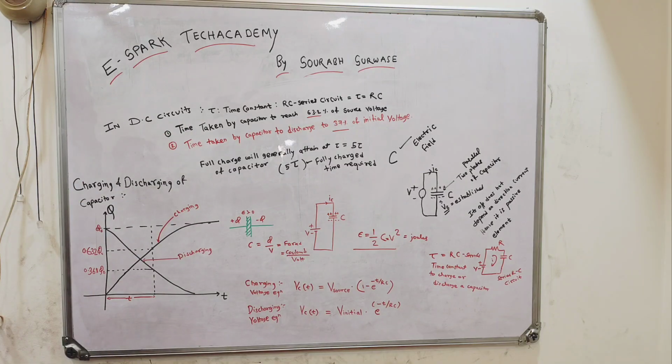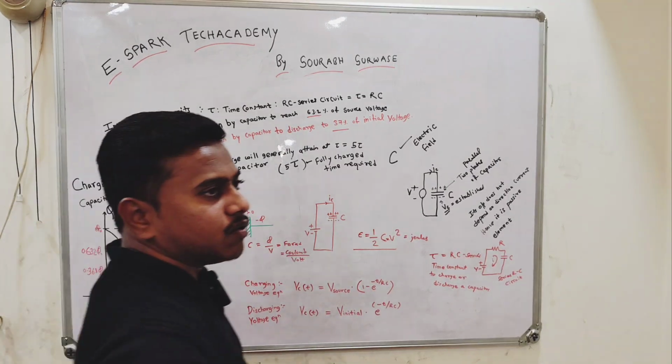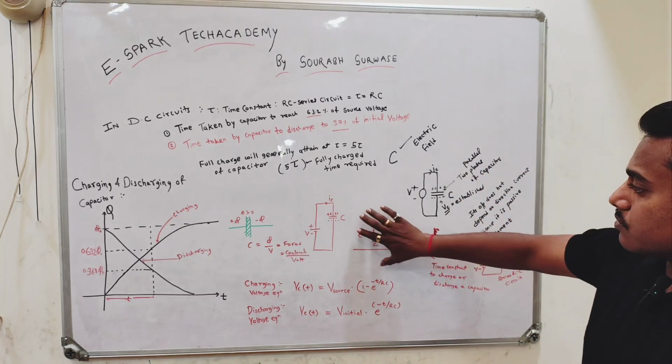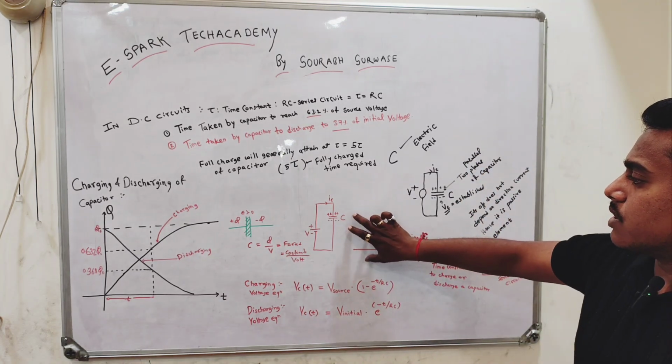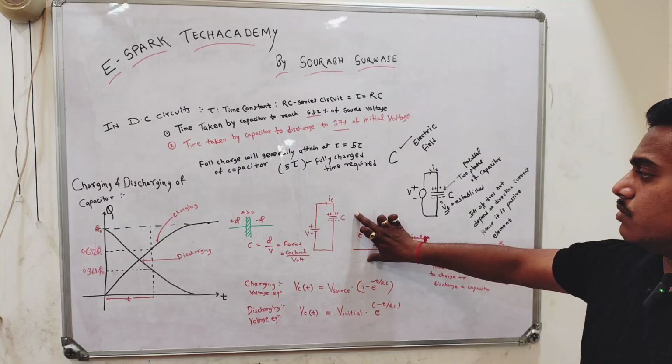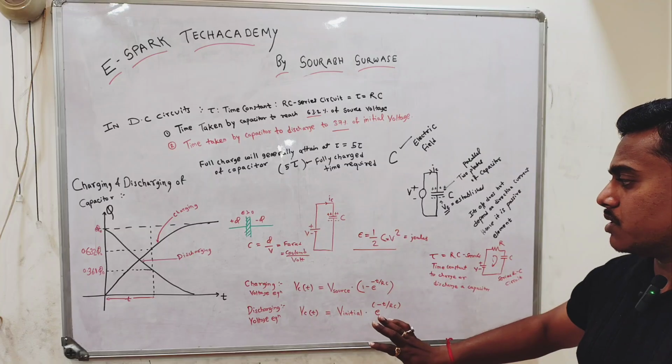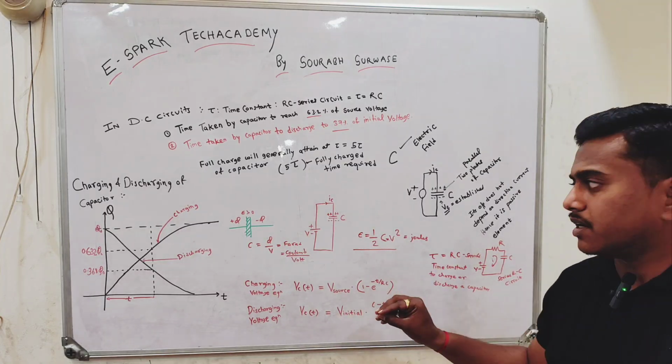The time constant is the delay, or the time a capacitor takes to charge to 63% or discharge to 37%. It is as simple as that.